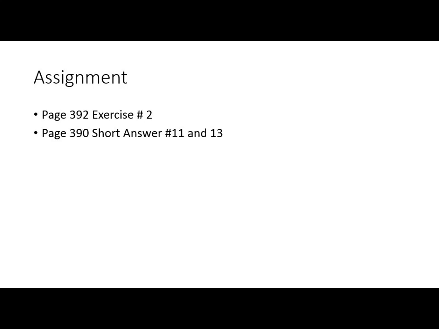For that first one, exercise number 2, we're going to make letter D optional, because I think that one looks the worst. Do you get extra credit if we do it?